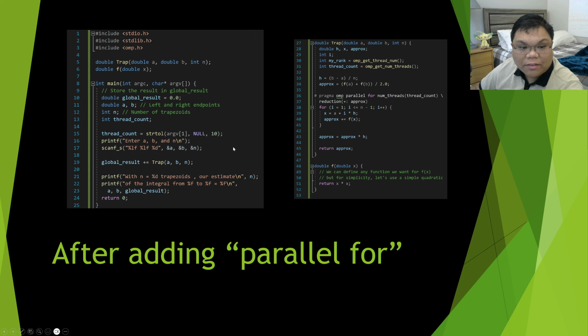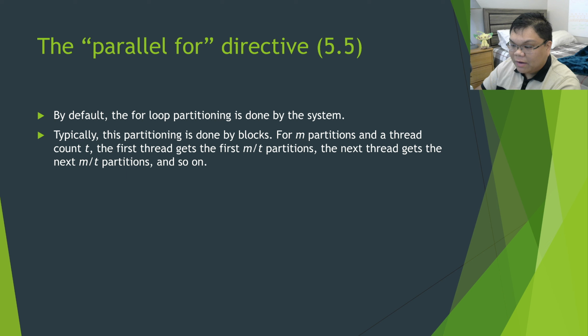So, how does this work behind the scenes? Well, what happens is the for loop is divided into however many iterations there are. Let's say there are 100 for loop iterations and there are 4 threads. Keeping in mind that indexing starts at 0, the 0th thread gets the first 25 for loop iterations, so iterations 0 to 24.